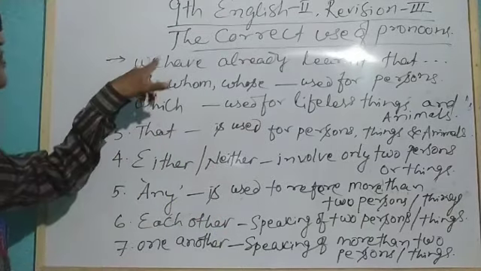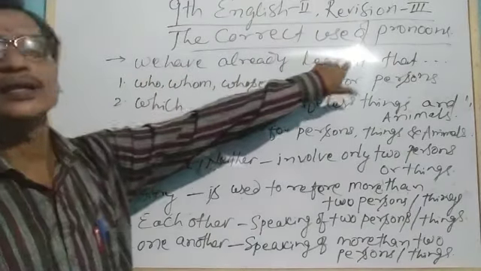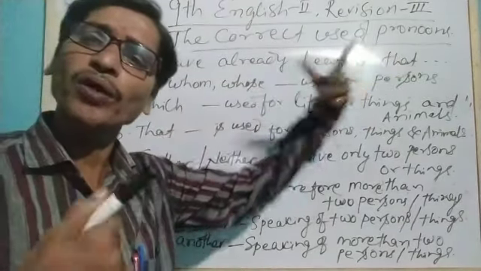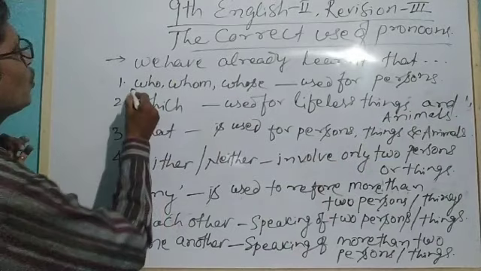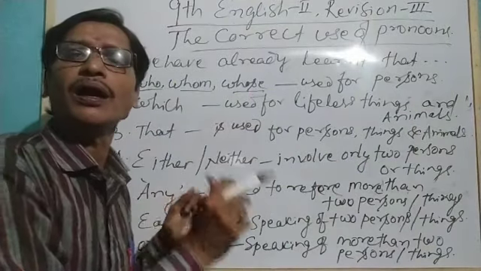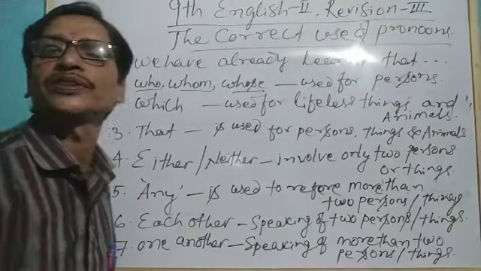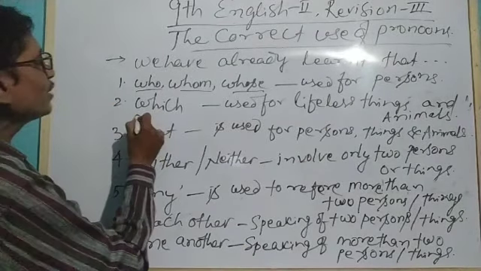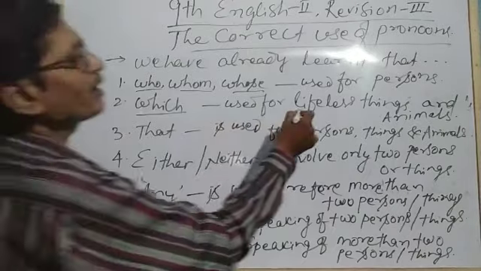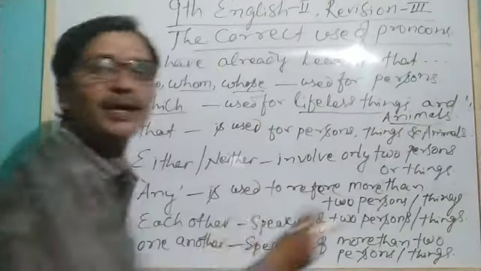You see, we have already learned that who, whom and whose are often used for persons. Similarly, we use which for lifeless things and animals.